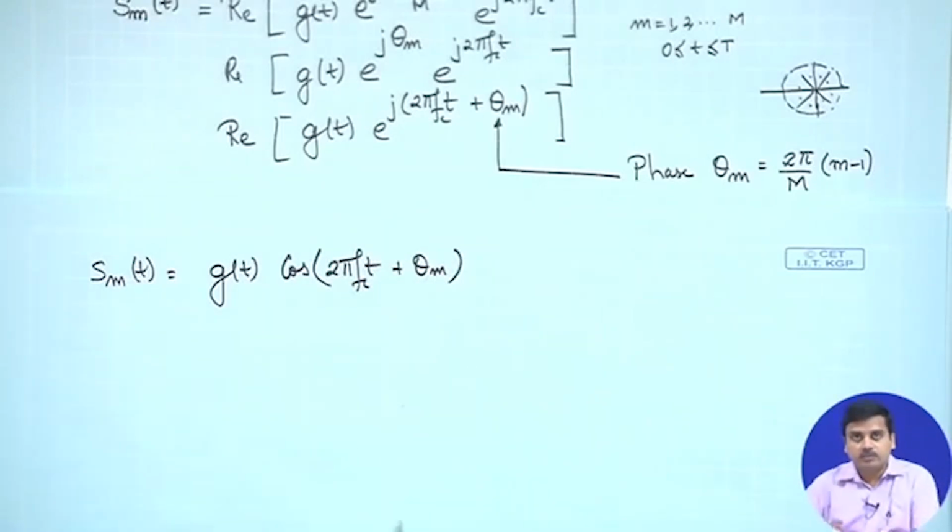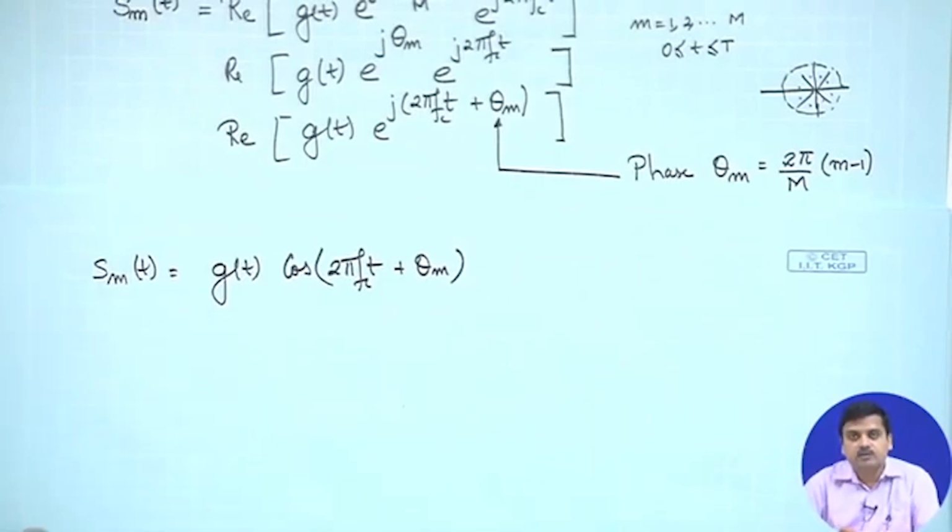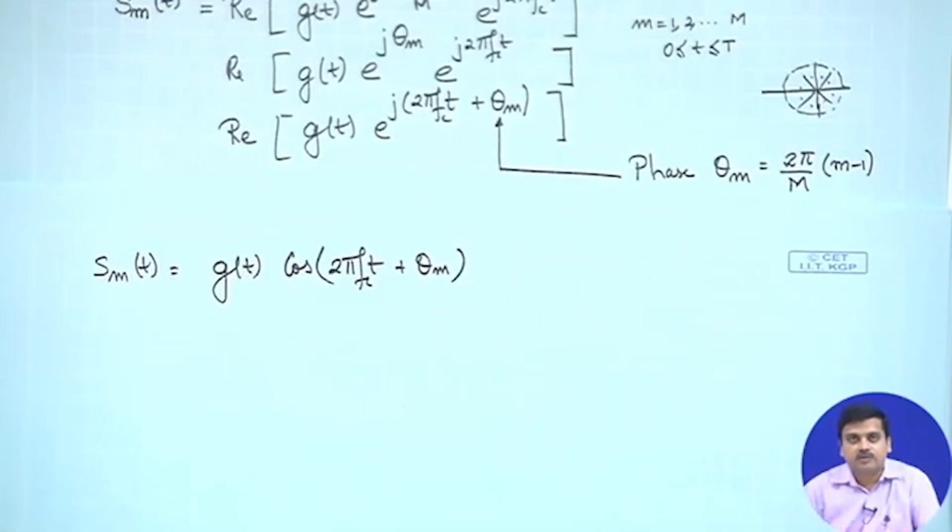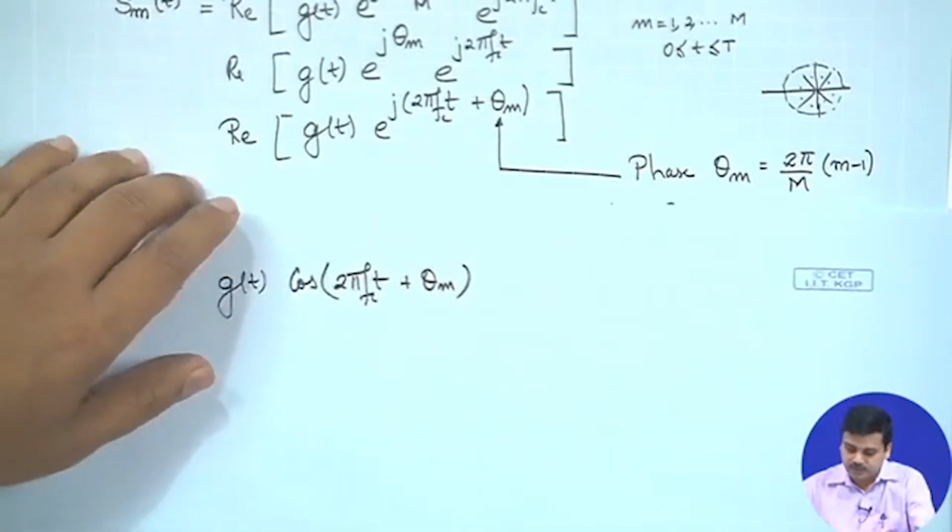Now, you could be using your earlier knowledge of analog communications where you studied angle modulation. In angle modulation, you would modify the phase or the angle of the signal in accordance with the source signal. In this case, you are choosing a particular angle. That is what we have described here.